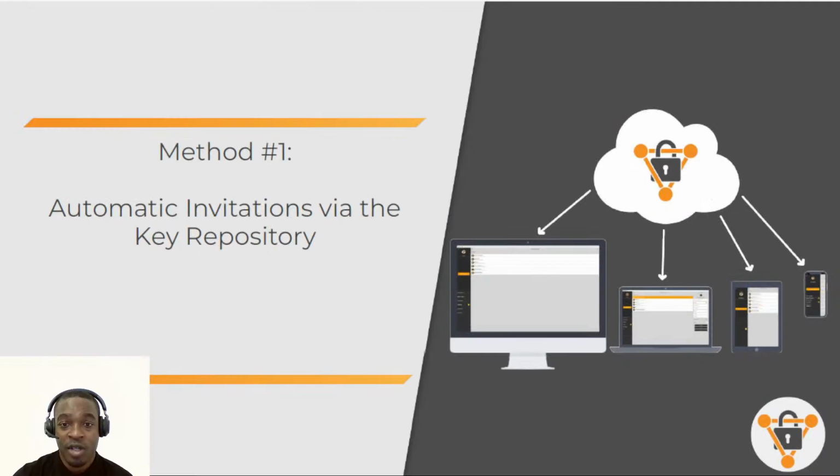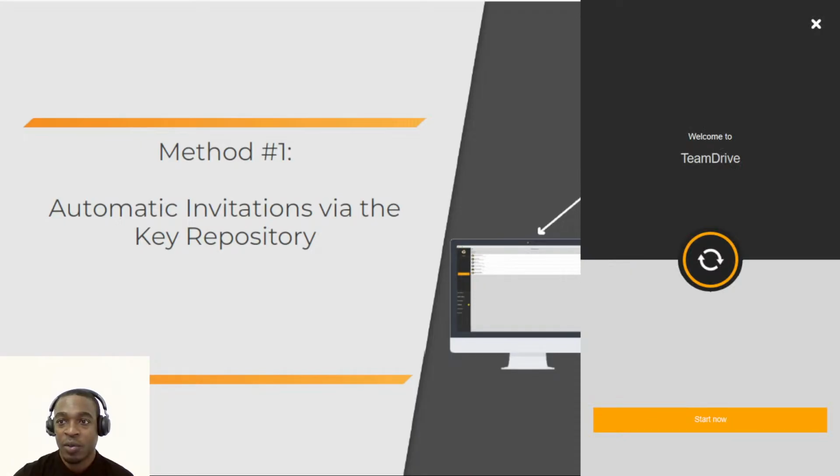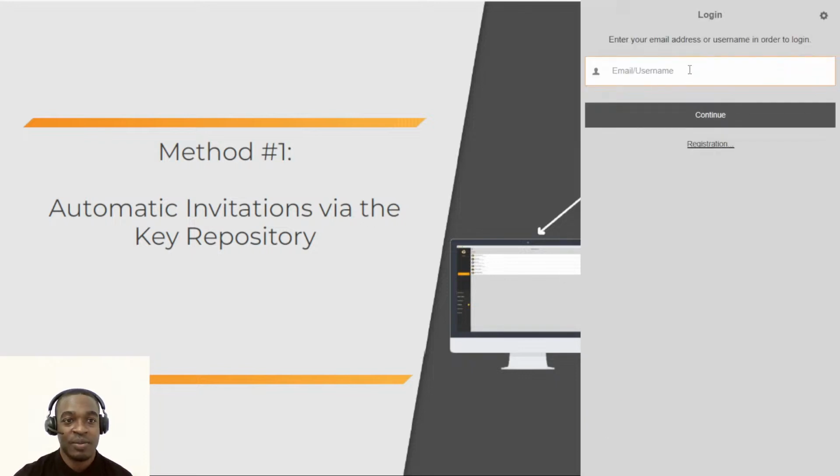So we'll start with method one, automatic invitations via the key repository. In general, if the key repository is enabled, once you have successfully logged into TeamDrive, you should receive these, so to say, automatic invitations. So I'll log in.